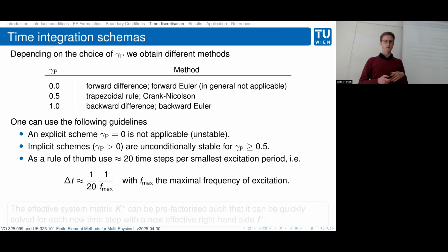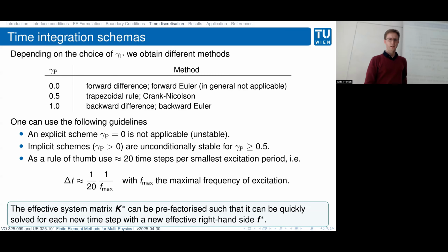In general, one should use implicit schemes, and the Crank-Nicolson will be of second order, so perhaps preferable. As a rule of thumb, one should have about 20 time steps per smallest excitation period. What you can also always do is factorize the effective system matrix for linear problems, prefactorize it, so the time integration will be fairly fast.